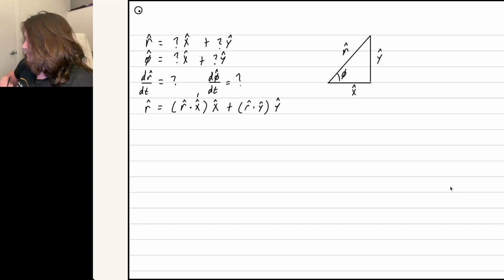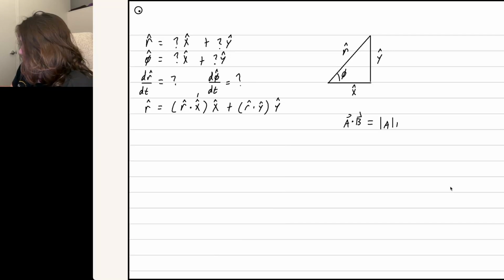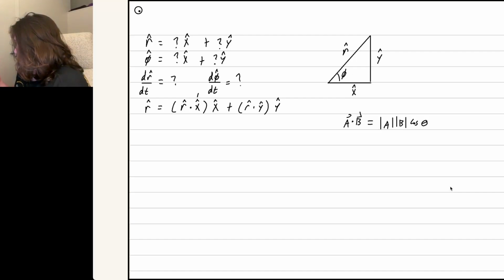So really, this is just about finding out what r hat dot x hat is and r hat dot y hat is. That's not too difficult because you know the definition of a dot product between two vectors a and b is just the magnitude of a times the magnitude of b times cosine theta, where theta is the angle between them. In this case, the angle between r hat and x hat is phi, and the angle between r hat and y hat is 90 minus phi.